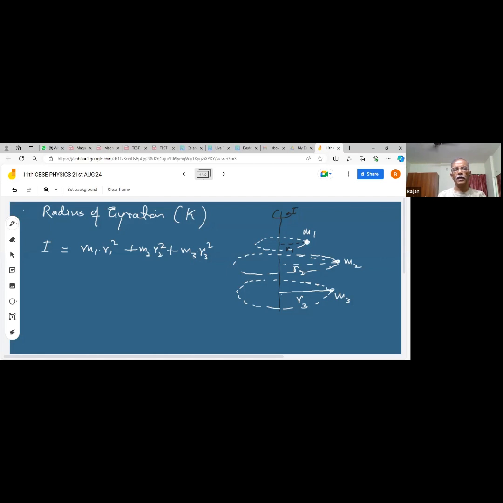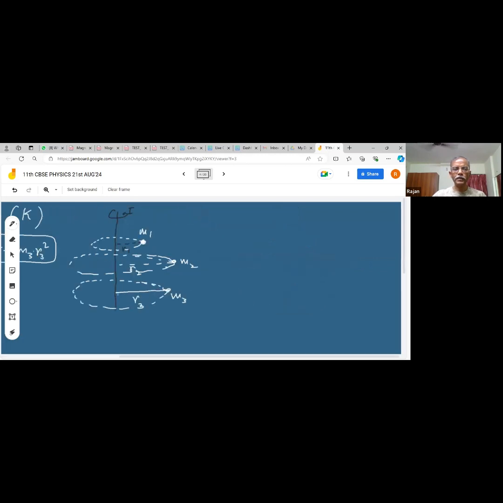M1, M2, and M3 are at distances of R1, R2, and R3, perpendicular distance from the rotational axis. And then radius of gyration is such a distance somewhere in between, where if I keep them, these masses will give the same moment of inertia I, which we got here. Clear? So I have to just keep them at the same distance, right?